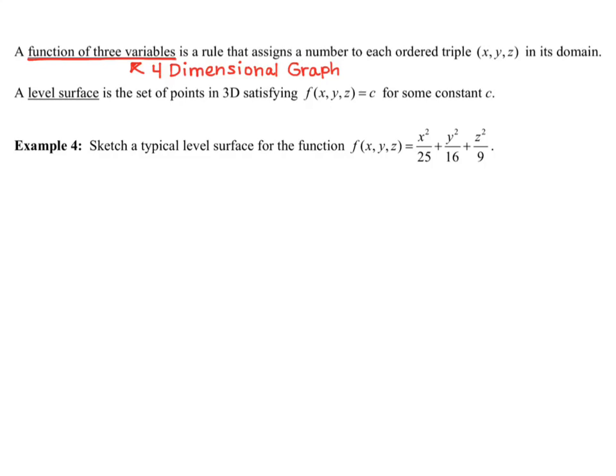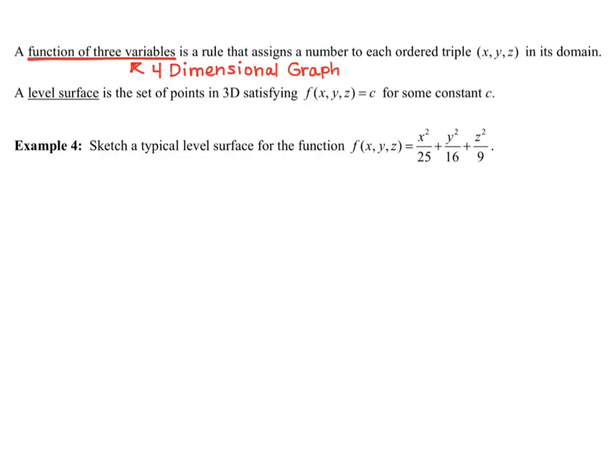A lot of times when we're doing something like this, your 4th dimension would be something like time. For example, how does this 3D object change over time? And so that function could represent it, but we wouldn't be able to visually draw something that's 4-dimensional.